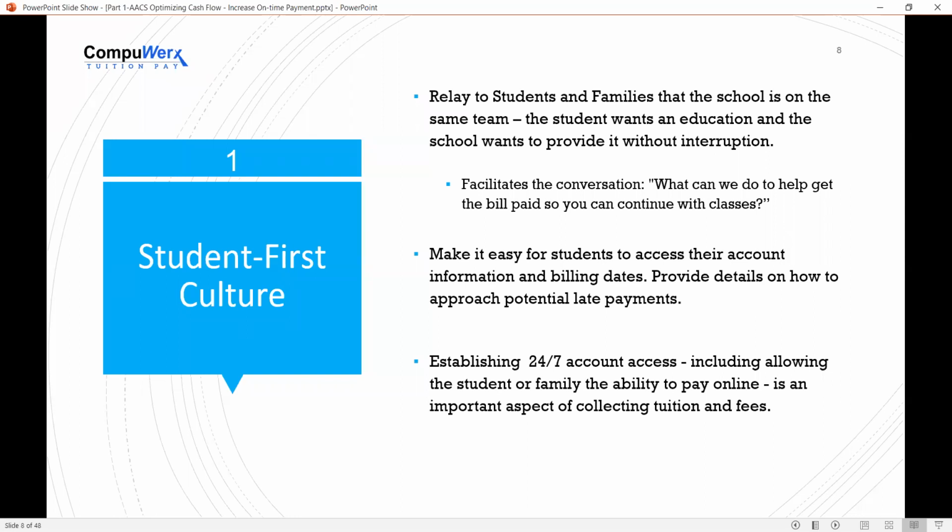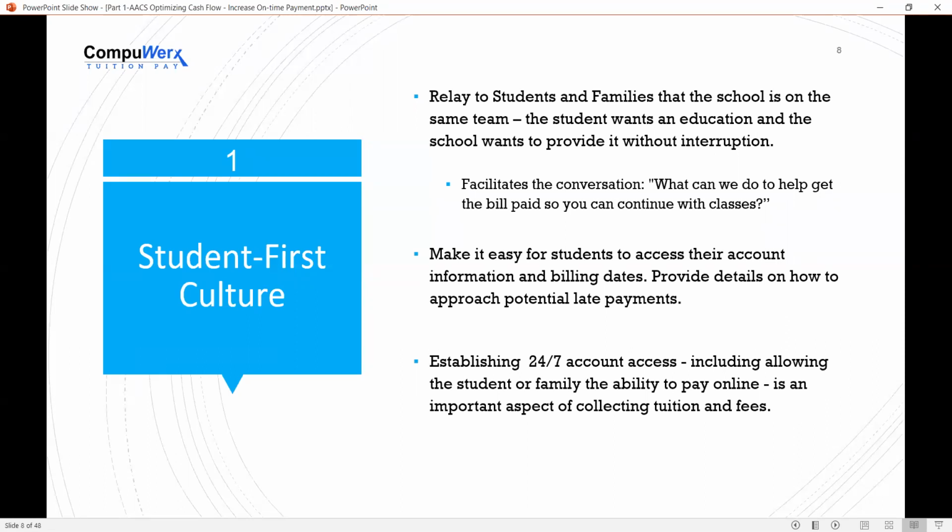Your students want education, and the school wants to provide a quality education without interruption. The conversation should be, how can we help to get your bill paid so that you could continue with classes?